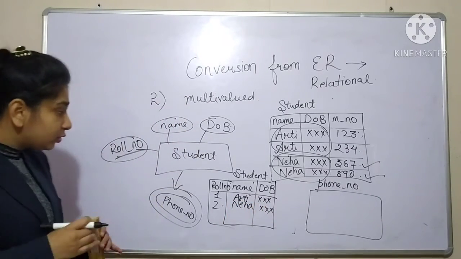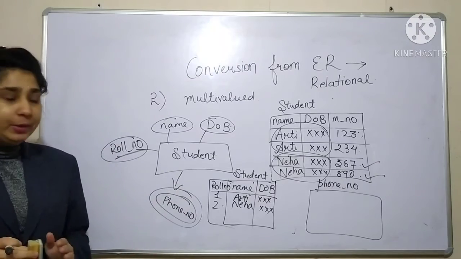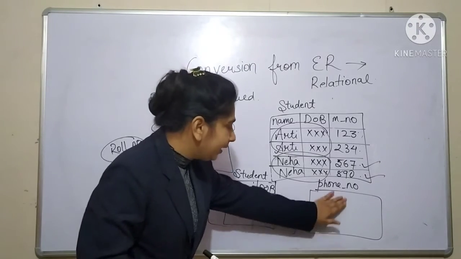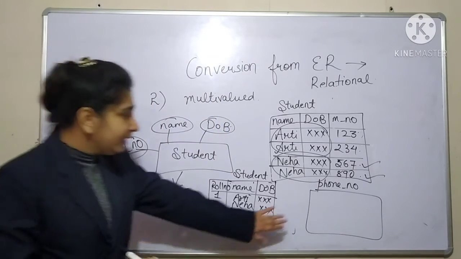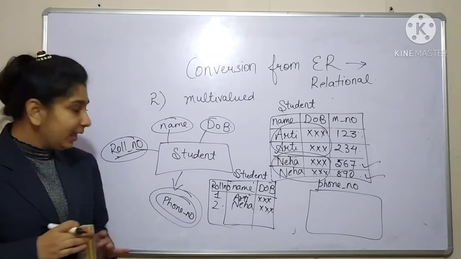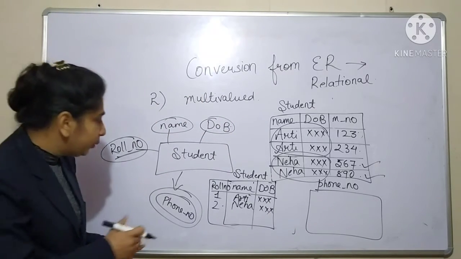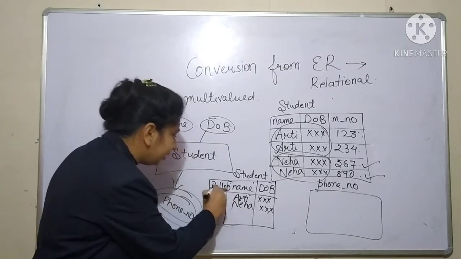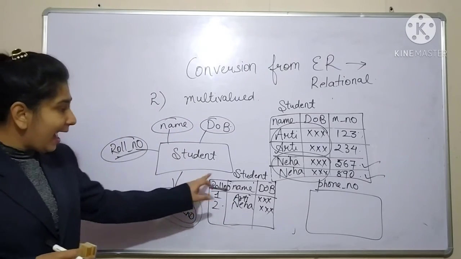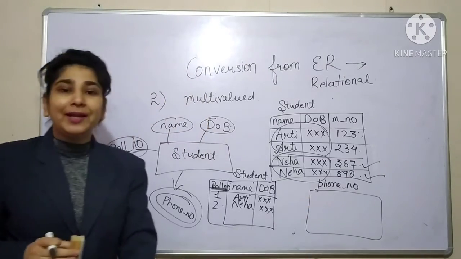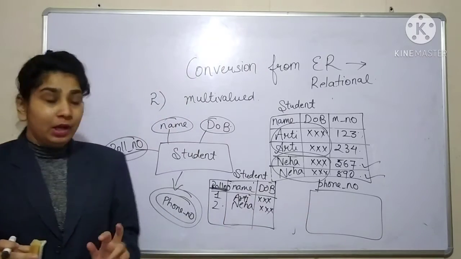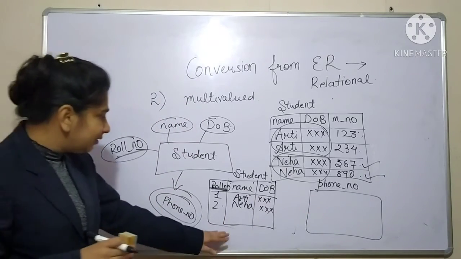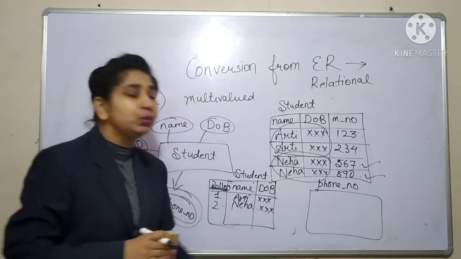Okay. So now, what you will be doing, you will be storing the phone numbers in this table. And you will be using this roll number as the common attribute in this table. Because we have to define the relationship between these two tables.